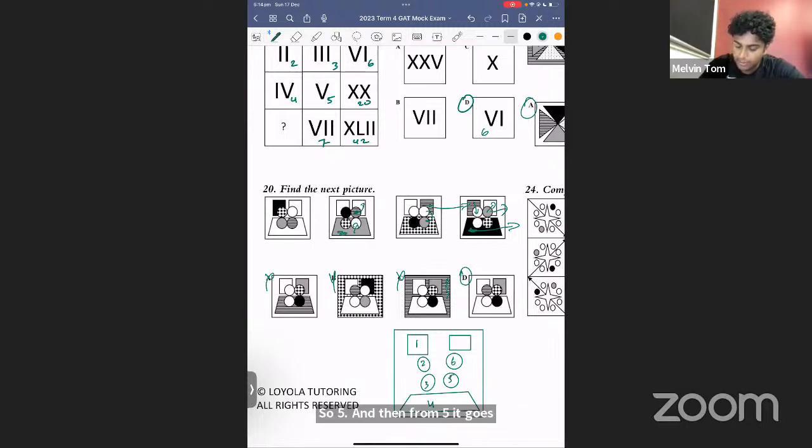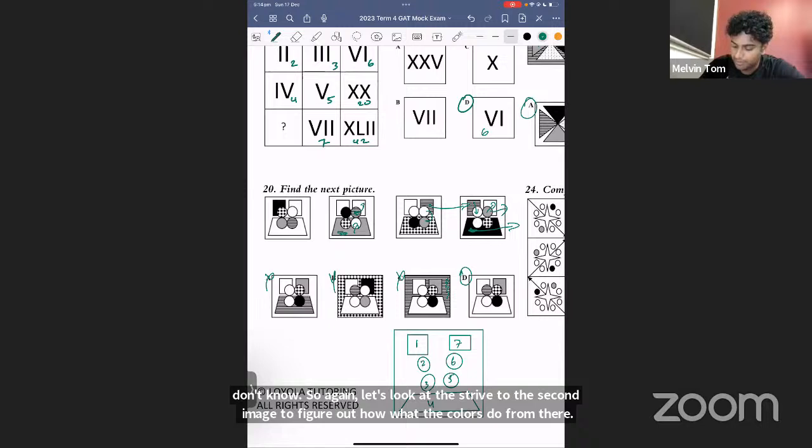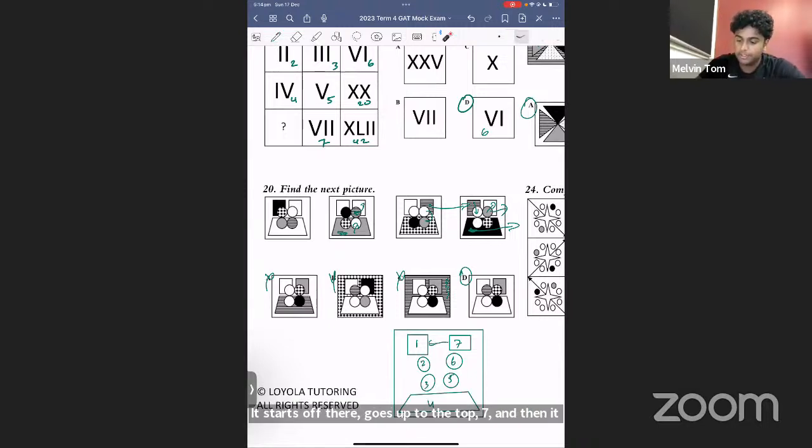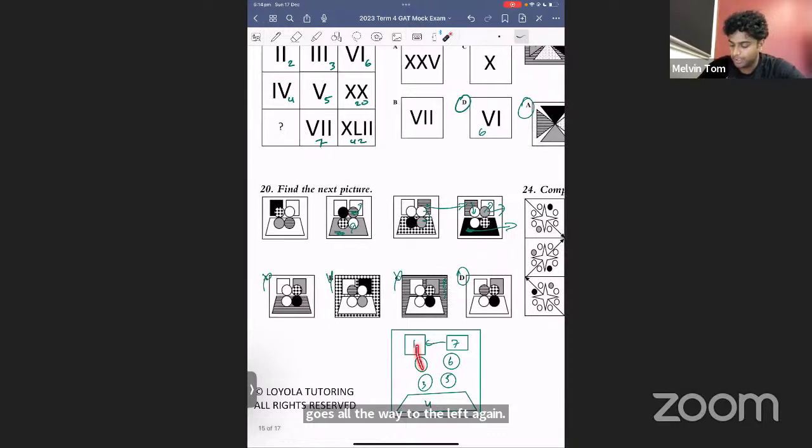So again, let's look at the striped in the second image to figure out what the colors do from there. It starts off there, goes up to the top 7, and then it goes all the way to the left again. So the pattern is essentially, it starts off here, goes all the way down, goes back up, and then goes around. It's going through these locations in this sort of movement.